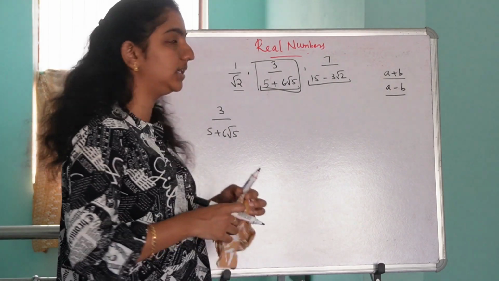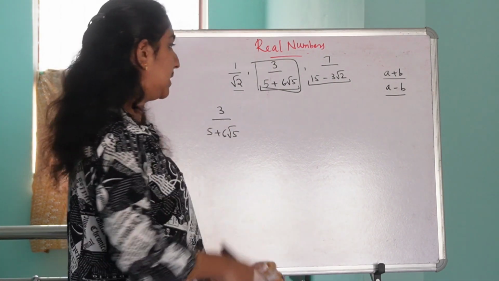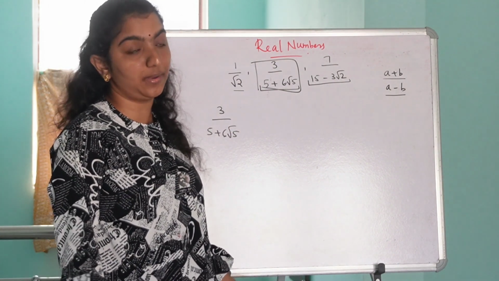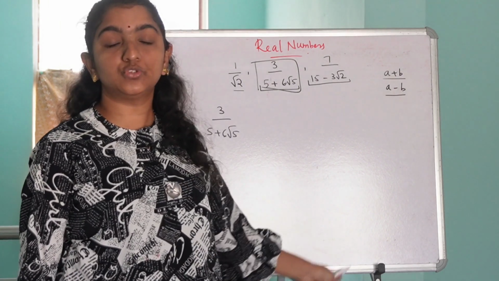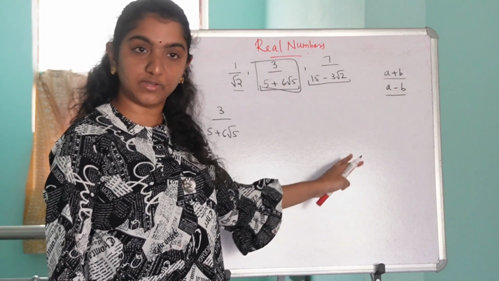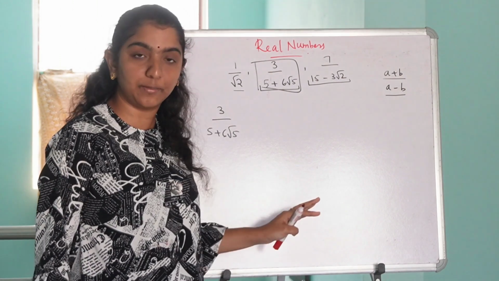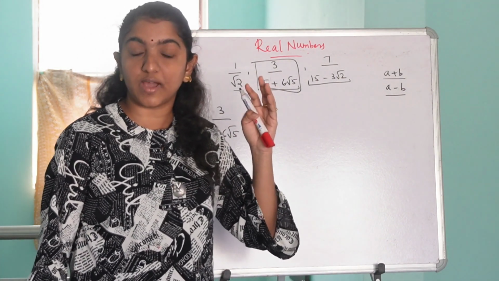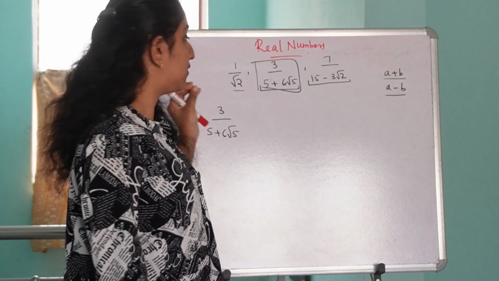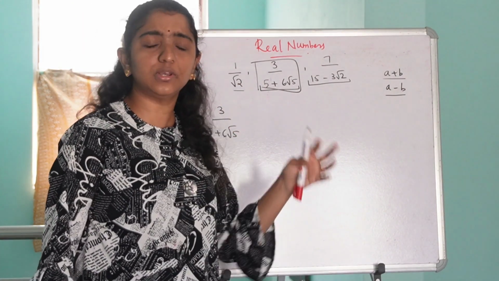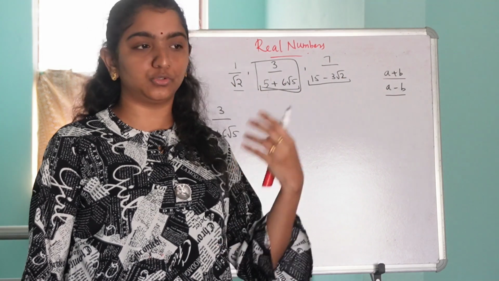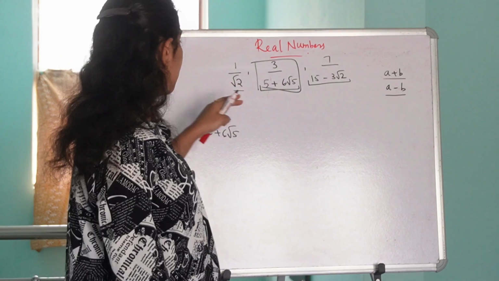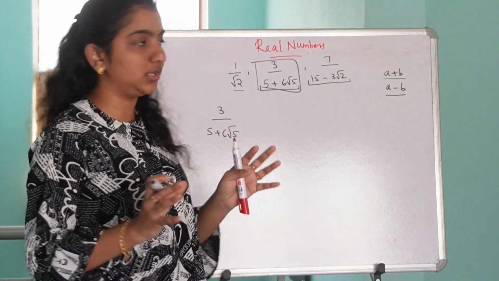So we can say the denominator of the given real number is an irrational number. Now here we have to rationalize the denominator, means we have to convert the irrational number into a rational number without changing the actual value of the real number. So for the actual value to remain unchanged, okay, we have to multiply by the same value.